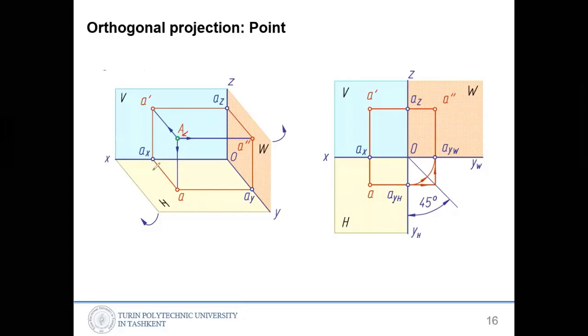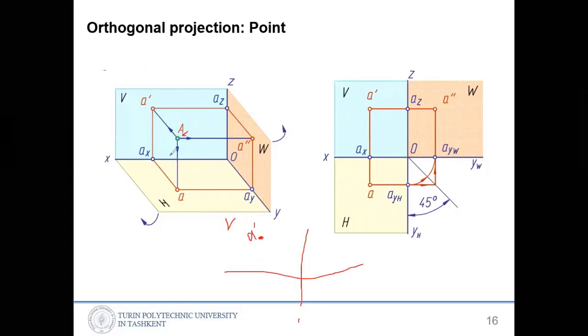So we have to make these two lines, and we project to this side, the V side. V is the profile view, frontal view, front view. On the front view plane, we put that point, the projection, and we write it with a small character and a dash.